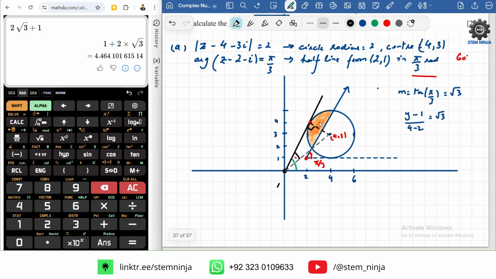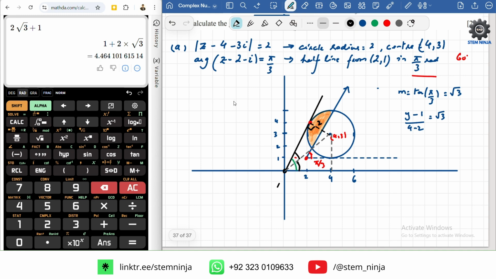Radius is known to be 2, right? And how about the other angle? So the other angle will be found by considering this particular triangle. So, the lower triangle, meaning this particular angle.